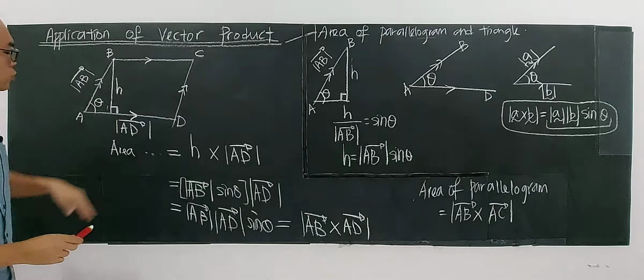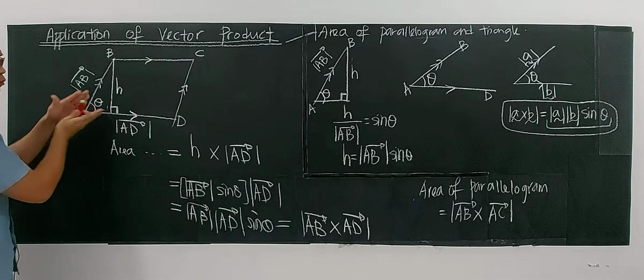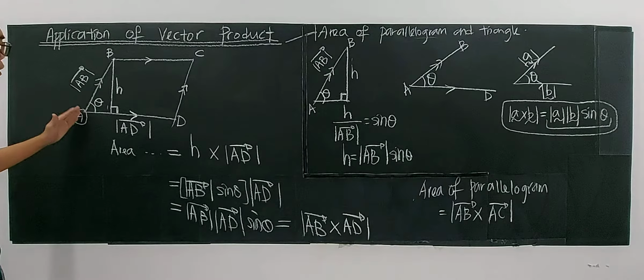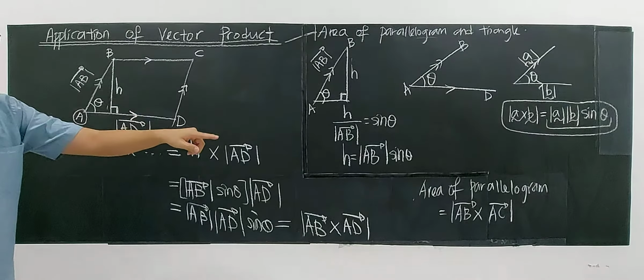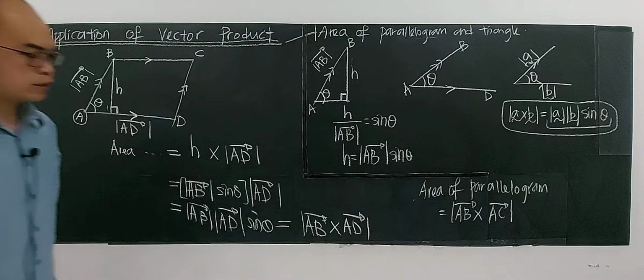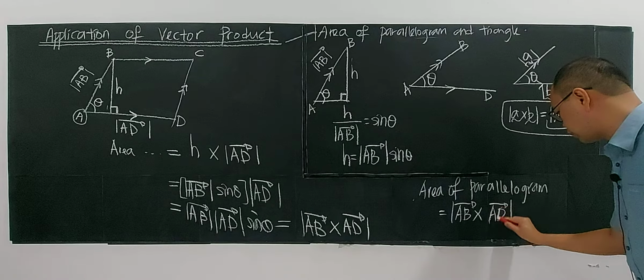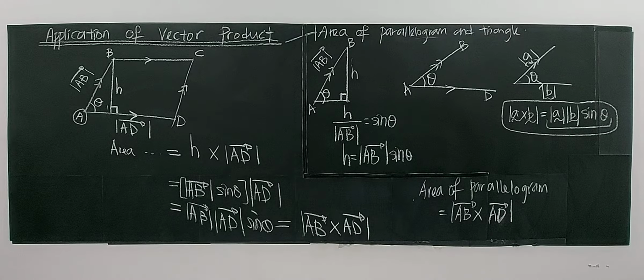Either two sides, with the vectors coming out from a common point, A. So very easy, as long as you remember AB cross with AD, you will get the area of the parallelogram.